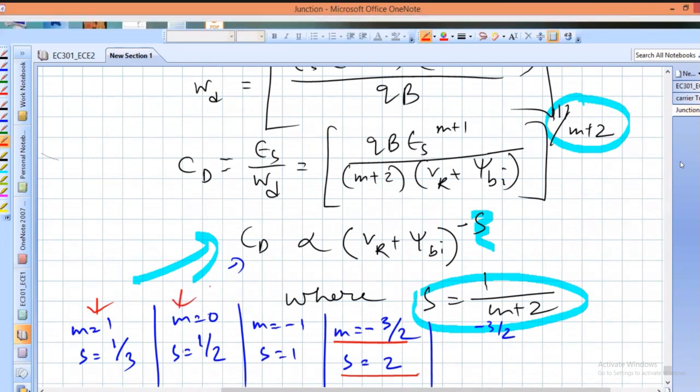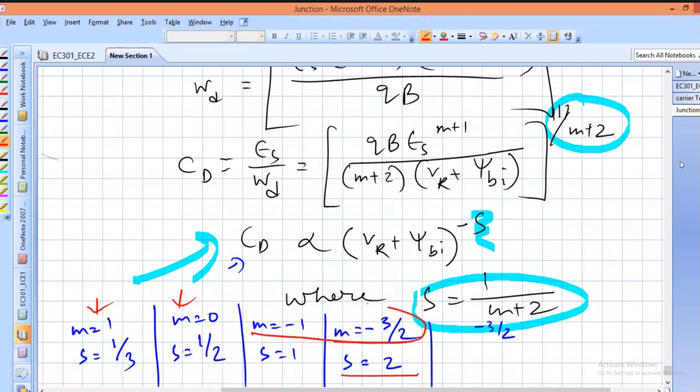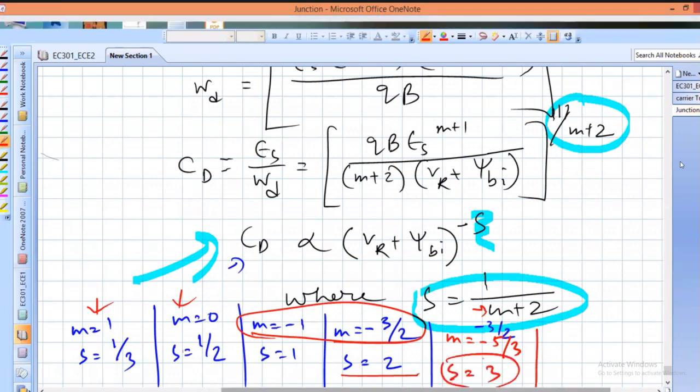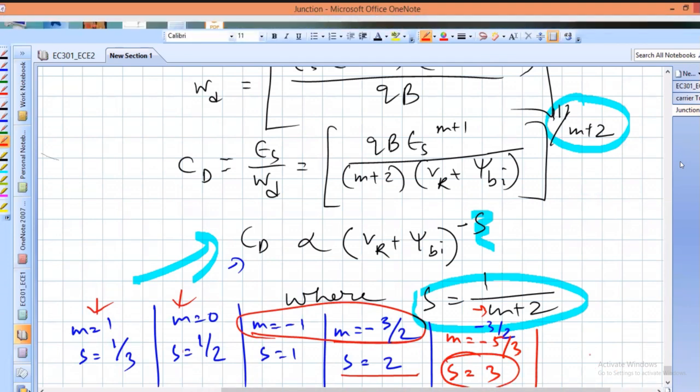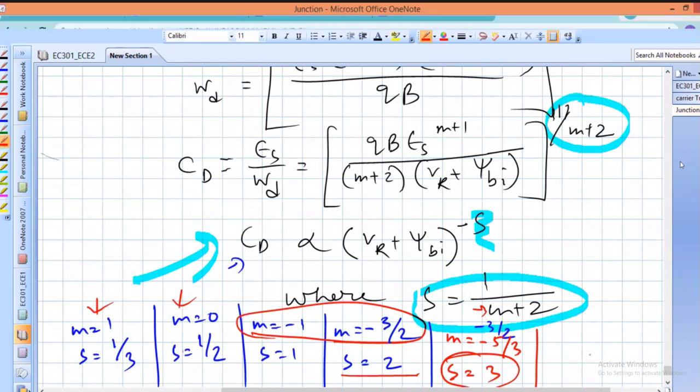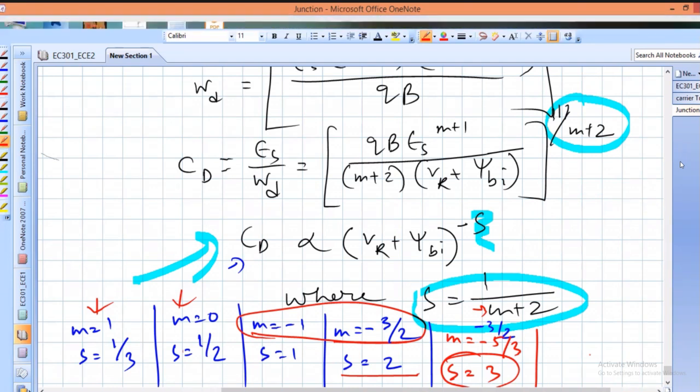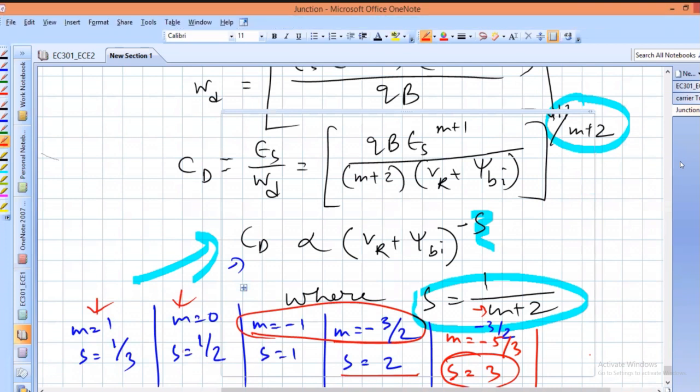That's why whenever we design a Varactor diode, we consider a hyper-abrupt doping profile. You can change m. You can consider m equal to minus 5 by 3. In such a case, S is equal to 3. You see, S further increases. So whenever there is a requirement to design a Varactor diode, we will adopt a hyper-abrupt junction profile because the sensitivity of this capacitance is high here.